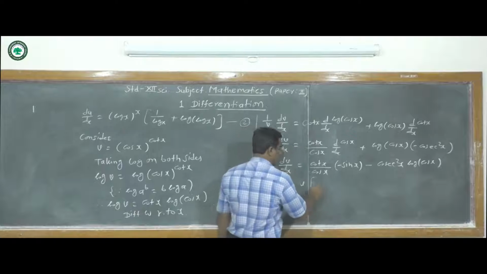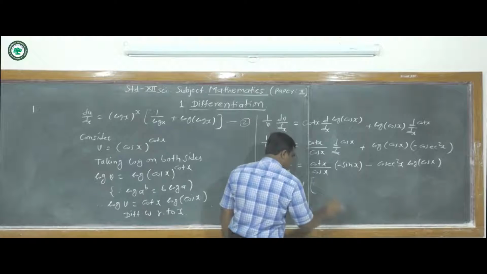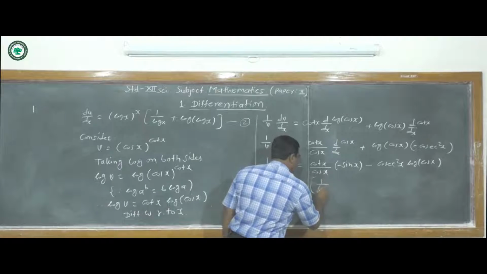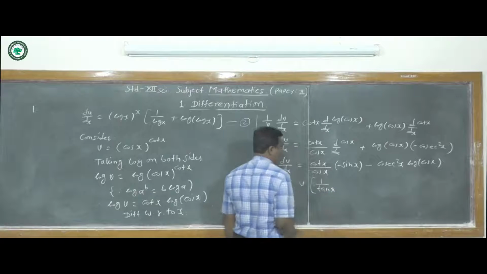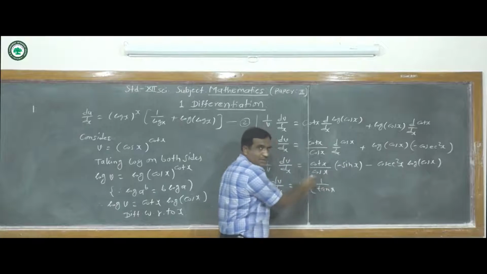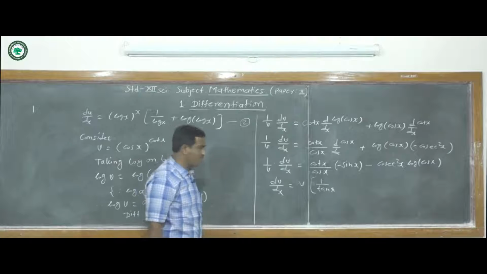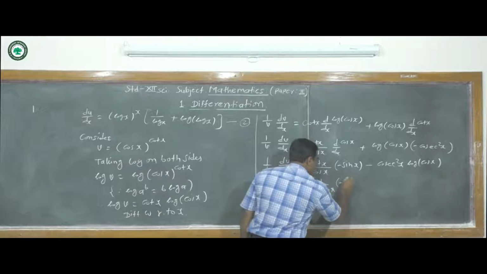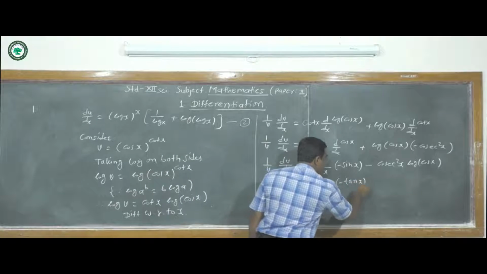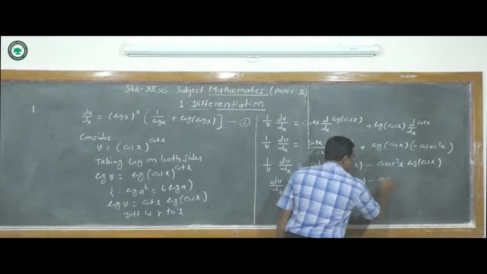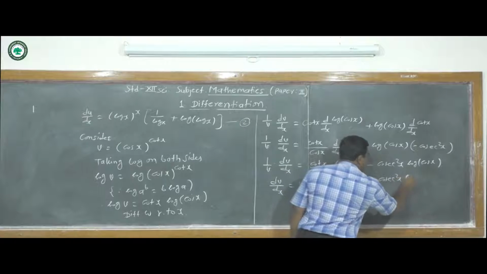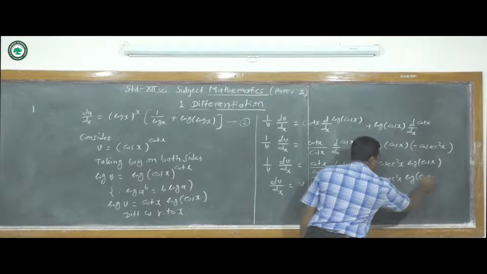Now here cot x means 1 upon tan x, and sin x upon cos x means tan x. That is into minus tan x minus cosec square x into log of cos x.